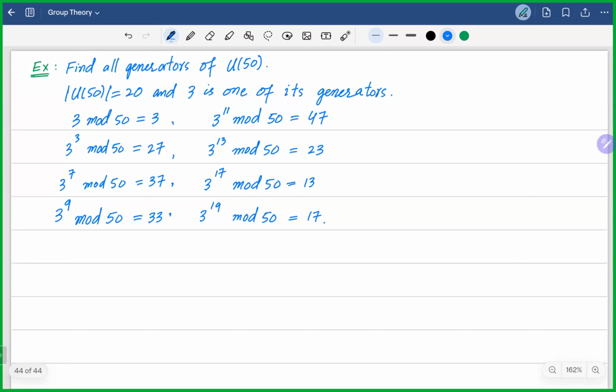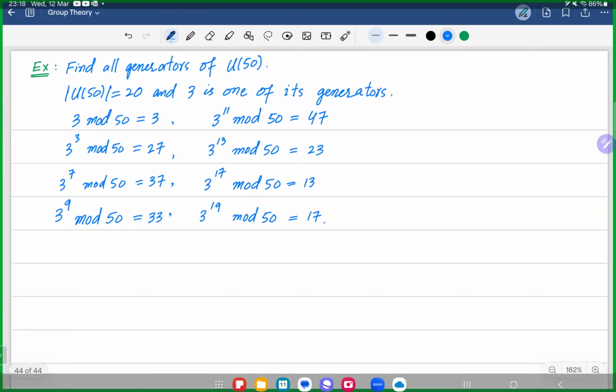So you have to find one generator, and then all you need to do is this calculation to find all the generators. So 3 can generate 27, 37, 33, 47, 23, 13, 17. All these can generate U50. Okay, and there we will end this lecture. Thank you so much.